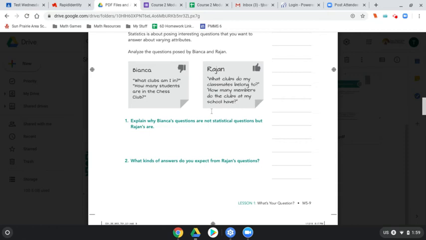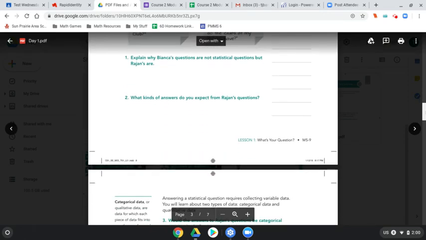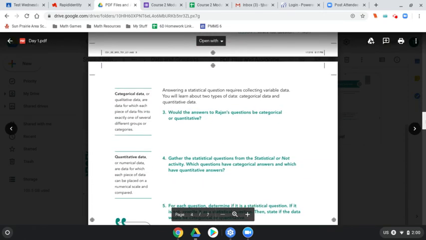And then we could look at how many members there are in each club and compare it, and see what are the most likely clubs kids will join, what clubs have about the same size, what clubs are smaller. So we can use statistical questions to really pull data out so we can analyze information.